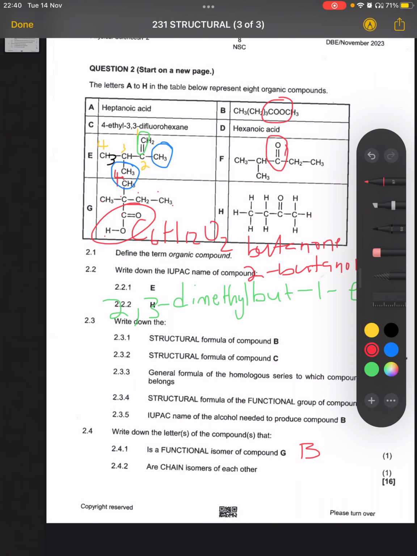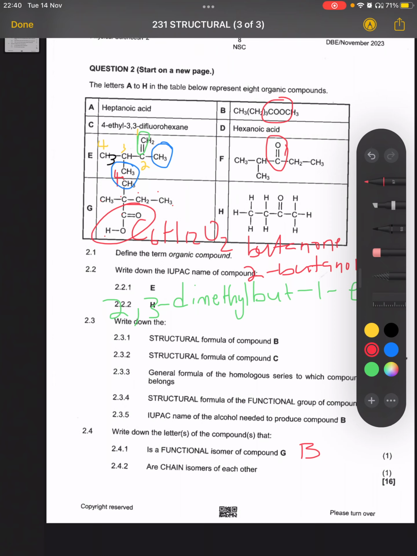Now we have different chain isomers, but in this case we have to look at them thoroughly.